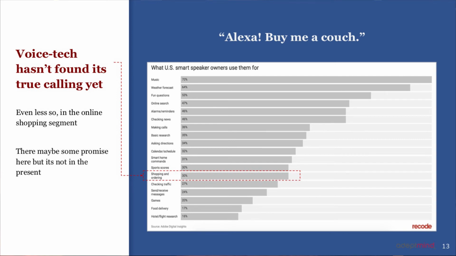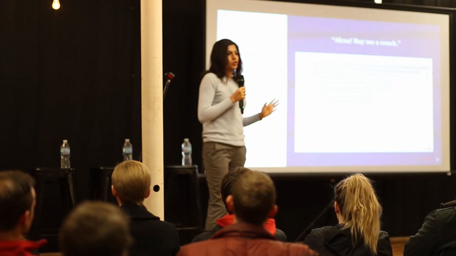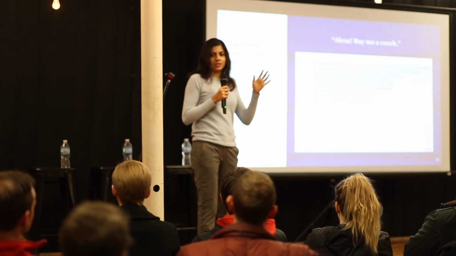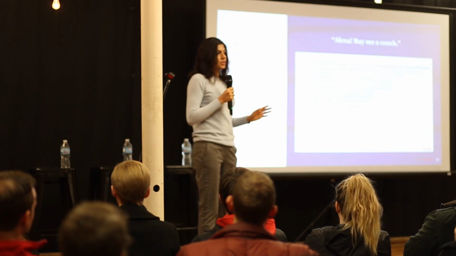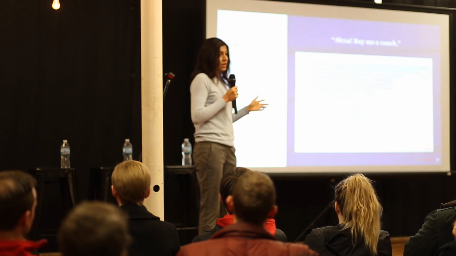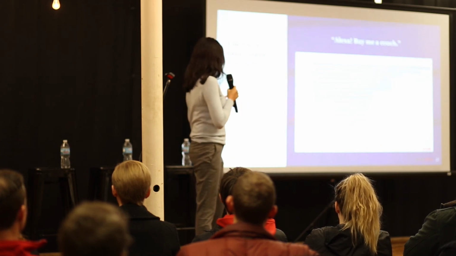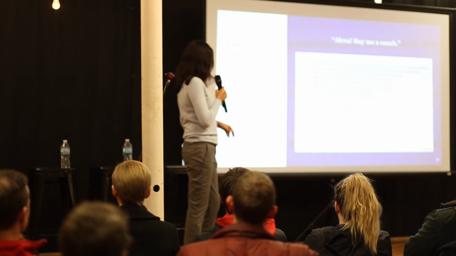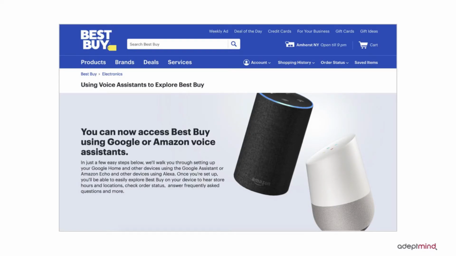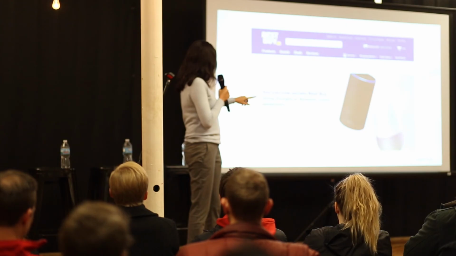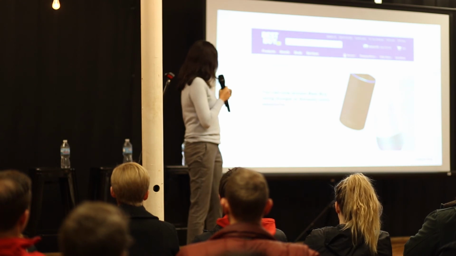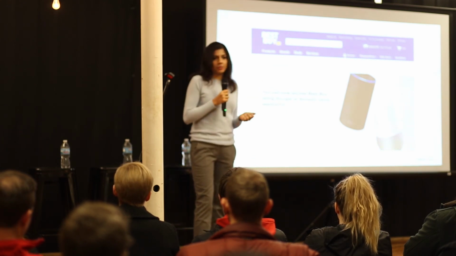So I would wait and watch, and maybe someday in the future when people are using Alexas and Google Homes, and there is a certain degree of comfort with buying on these voice assistants, then I would worry about it. Interestingly enough, this morning I saw that Best Buy has launched a partnership. They have integrated with Alexa and Google Home. So clearly stuff is happening in the space, just not relevant for us right now.